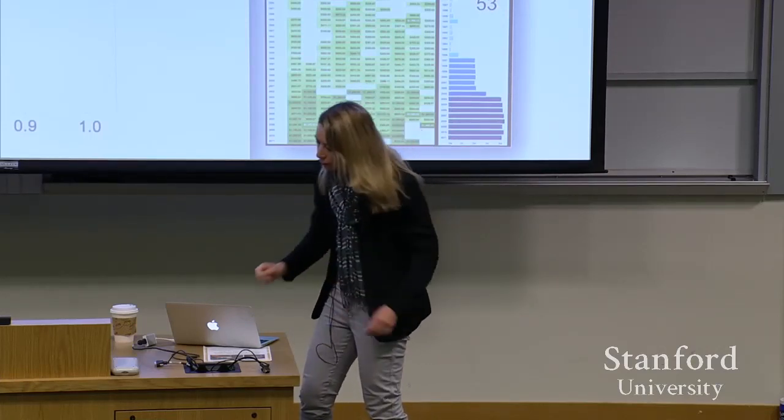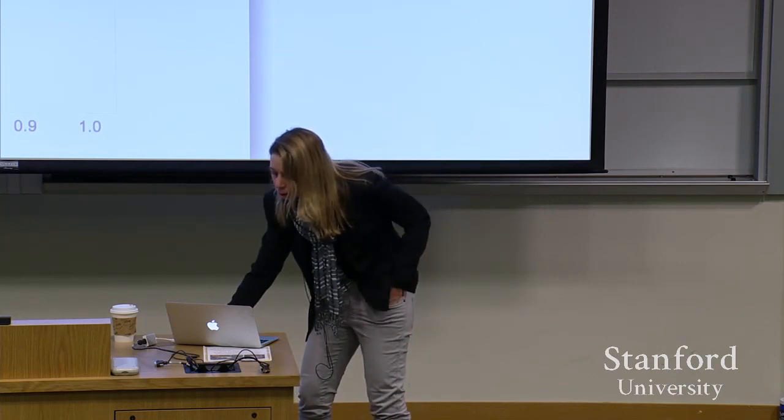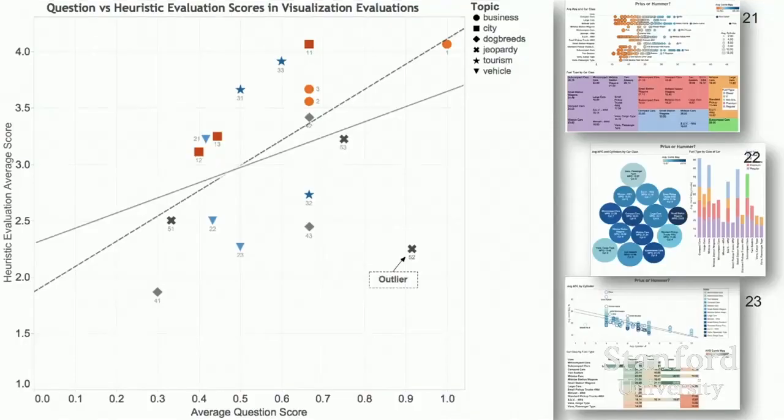Furthermore, in other cases, in this case data about autos and mileage, they're all pretty close on the question score. One of them, though, has a higher heuristic evaluation score, number 21, which is the one on the top.